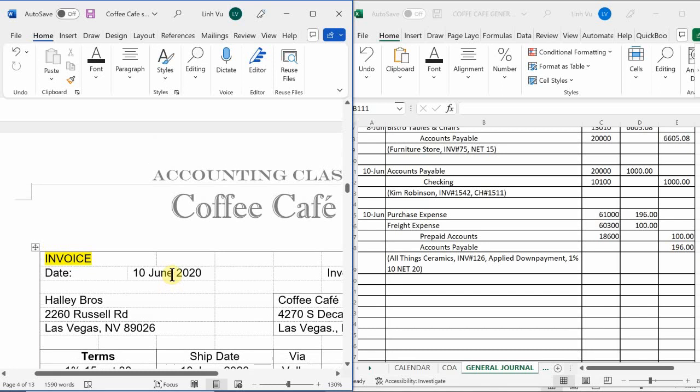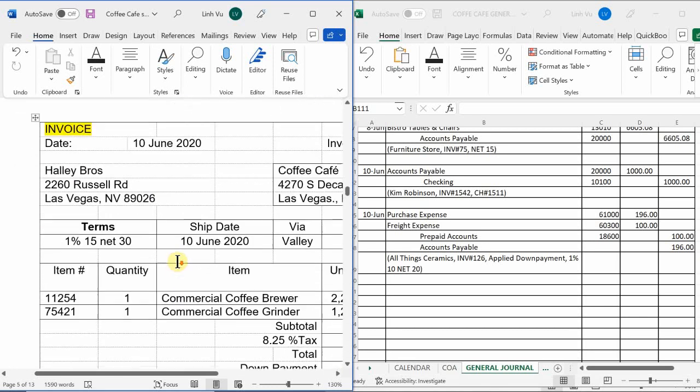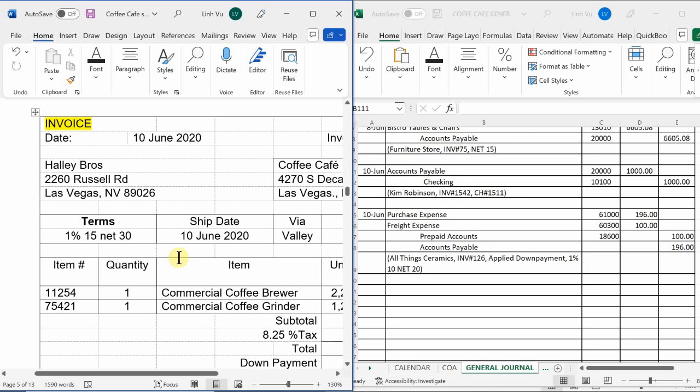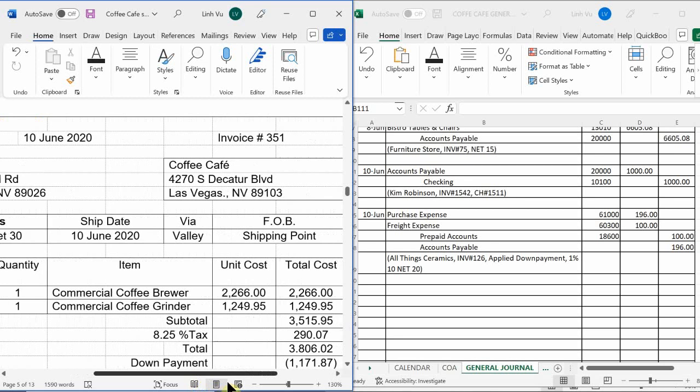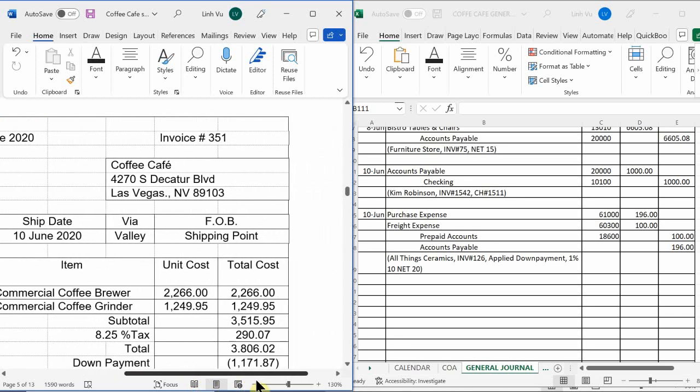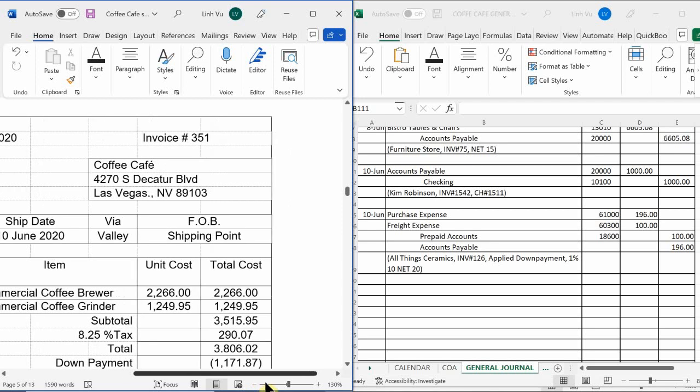I finally received my coffee brewer and coffee grinder. So here it is: 1 commercial coffee brewer, 1 commercial coffee grinder, for $2,266 plus the $1,249.95, giving you the grand total of $3,515.95.